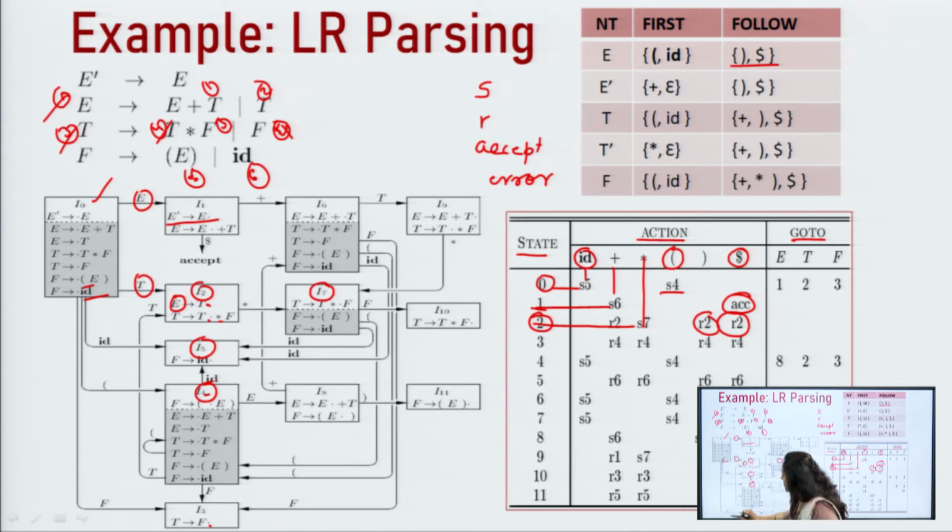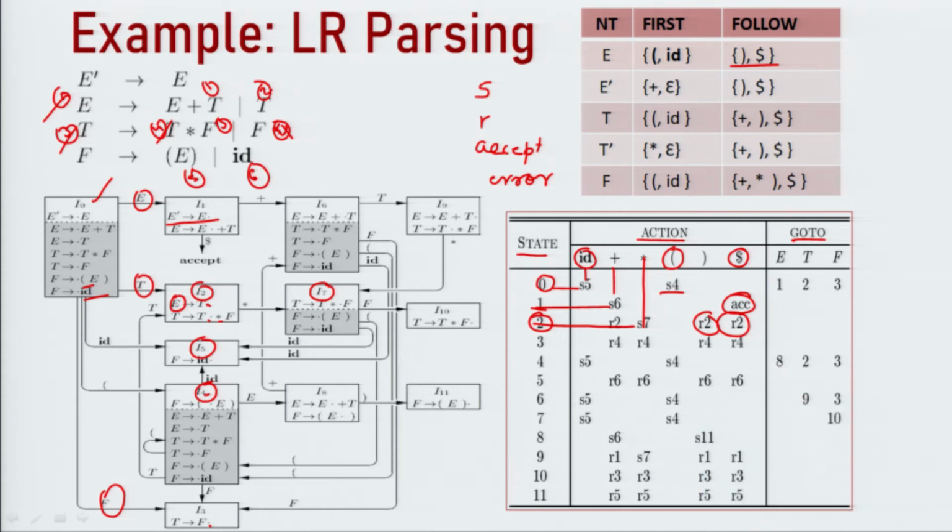We have 3 transitions E, T and F, starting from I0. So, we will write in the row corresponding to 0, and for E the next set of items is I1, so for E we will write 1. For T next is 2, so here we will write 2. For F the name of the set of items is I3, so here we will write 3. Similarly, we can complete all the go to entries over here.